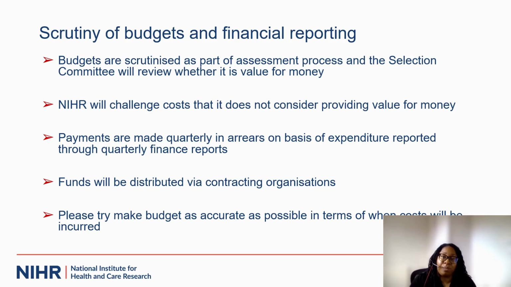And then we just say that you should try to make the budget as accurate as possible in terms of when the costs will be incurred, because we will query if it looks like you front-loaded the spending of the budget, or if there's a lot of money left to be used at the back end of the budget. As I said, we do have a quarterly reporting schedule, so all of this will be queried at the contracting stage and then monitored throughout the duration of the award.